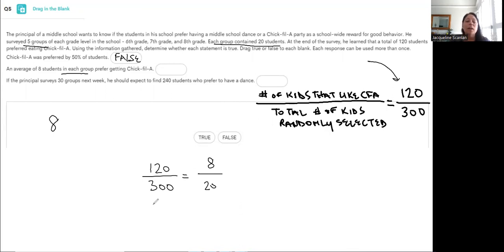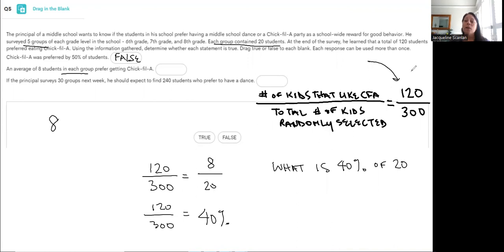I could also say that I remember that 120 out of 300 is 40%, right? And so another way that I could answer this question is by figuring out what is 40% of the 20 people in each group?